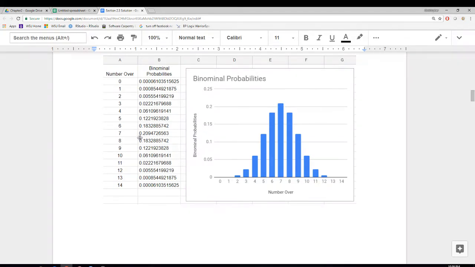In fact, when it does slide down, there's symmetry there. So if we look at 7, the probability of 7 is at 0.21, I guess, if I round. But notice the probability at 6 and at 8 are the same. Probability of 5 and 9 are the same. So these binomial probability distributions have symmetry. In fact, they have exact symmetry when it's a 50-50 case.